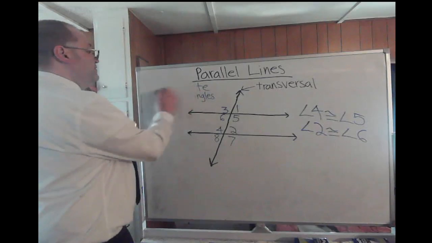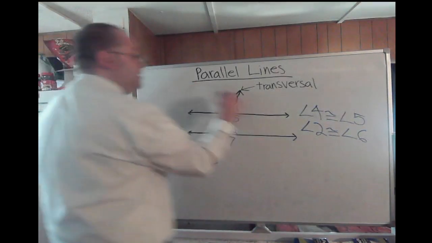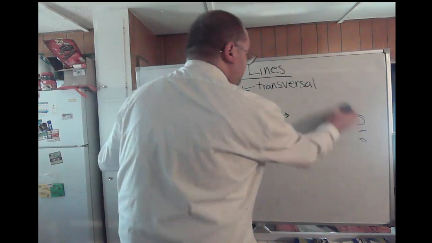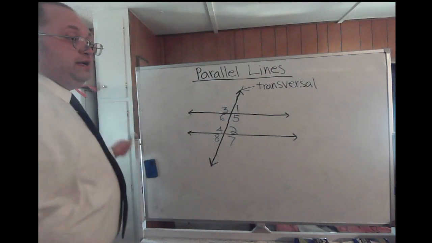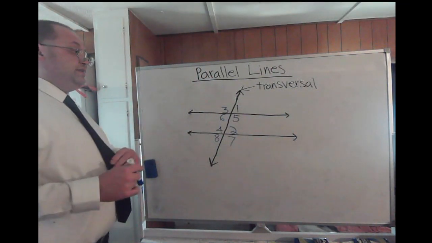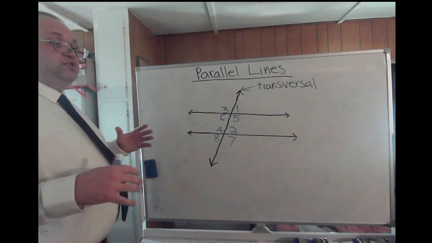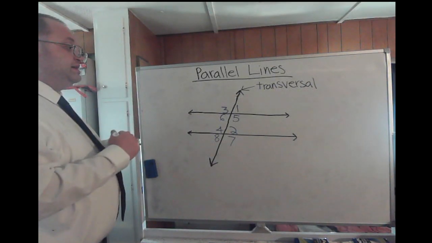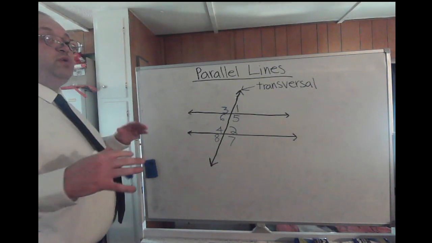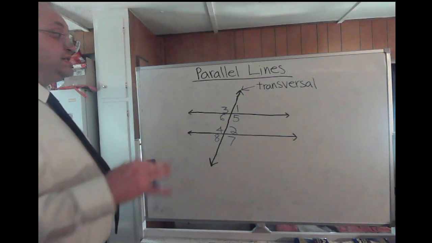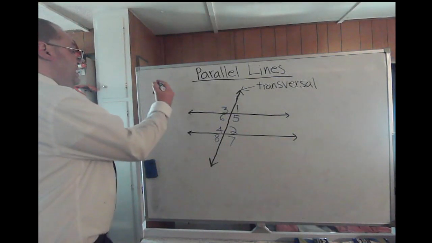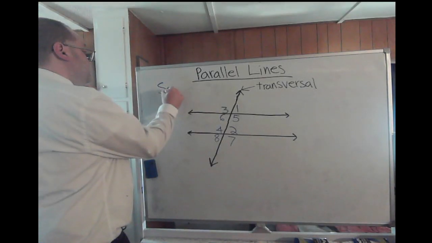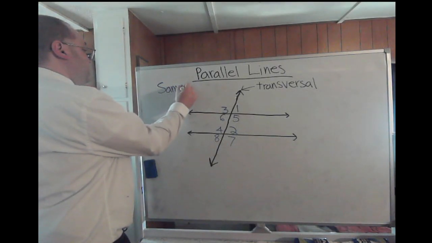Then we have a third type here, and it's the final type. I know this lesson's a lot to take in, but this is kind of prepping you for geometry a little bit. Of course, when we get to the geometry course, we're going to talk a lot more in depth about this, but we have what are called same side interior angles.